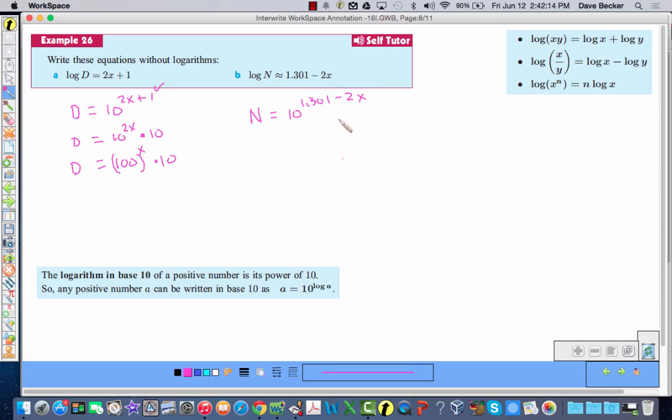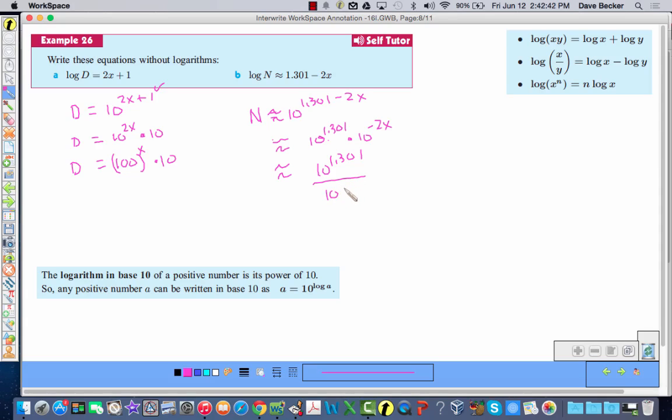So that means this is approximately equal to 10 to the 1.301 times 10 to the negative 2x, which is approximately equal to 10 to the 1.301 over 10 to the 2x.